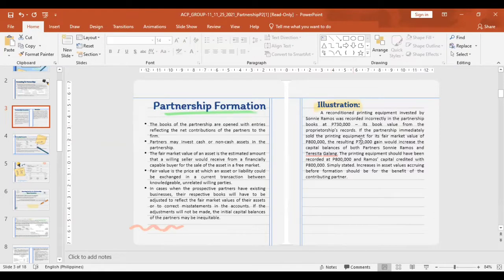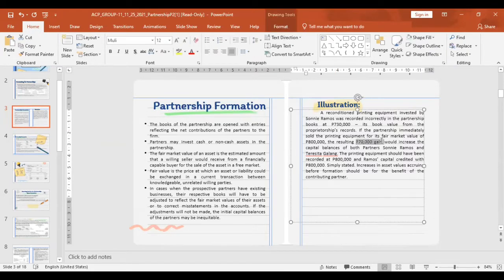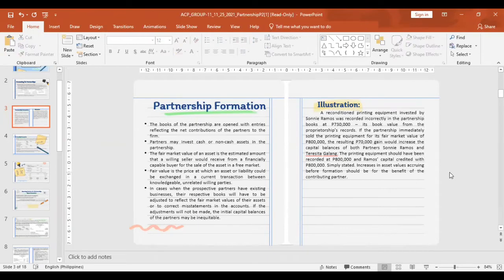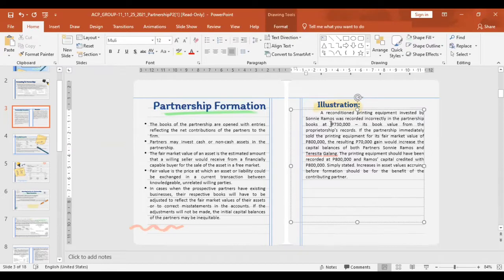So, yung 70,000 na gain, kung sa normal circumstances, hatiin nila yun ni Sonny Ramos and Teresita Galang. Pero, may parang error na nagawa na kulang ng 70,000 yung capital ni Sonny Ramos.